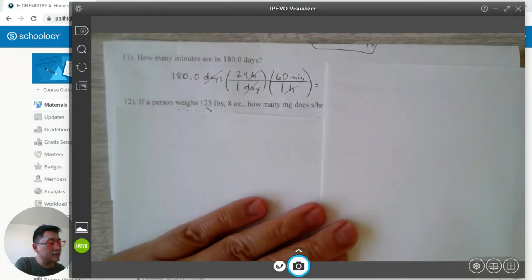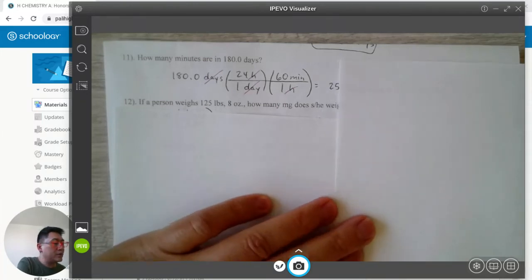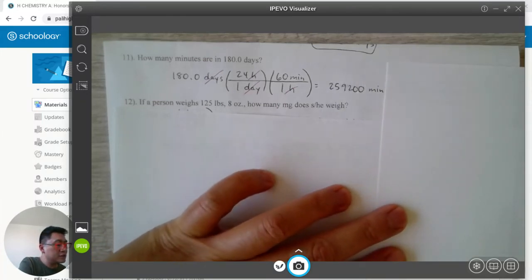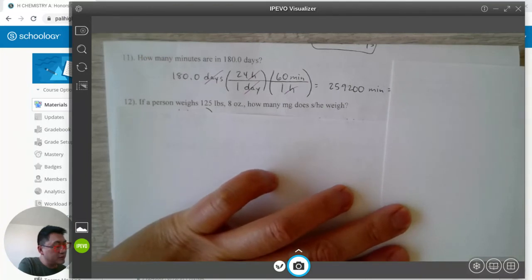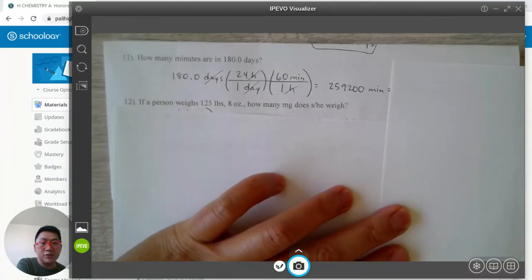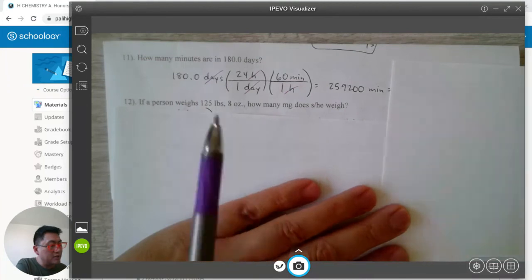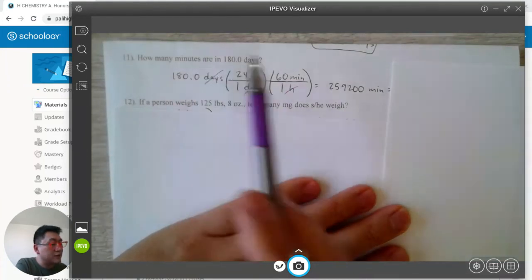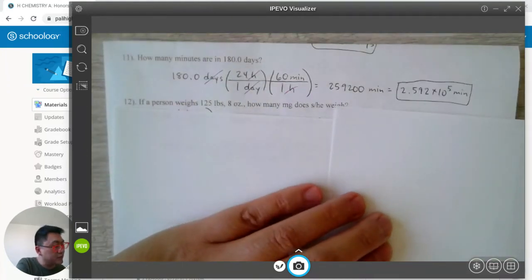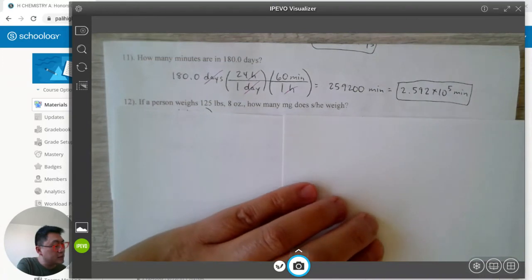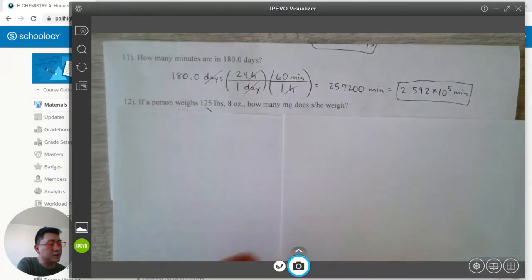So what is that answer? If you plug it into a calculator, you should get 259,200 minutes. That's 4 sig figs there. Rounding that to 4 significant figures, that is 2.592 times 10 to the 5th minutes.